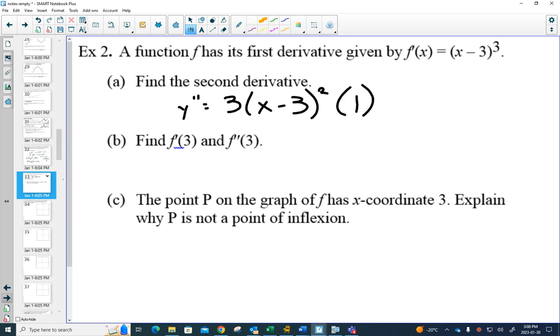So technically it's a chain rule which didn't have any effect. F prime of 3 would mean plugging in 3 into the first derivative. It's equal to 0. F double prime of 3, plugging 3 into our second derivative, is also 0.